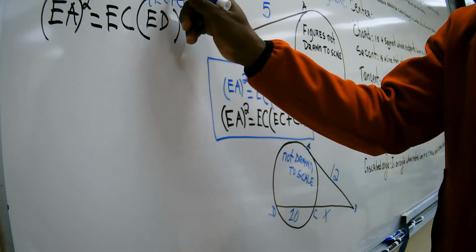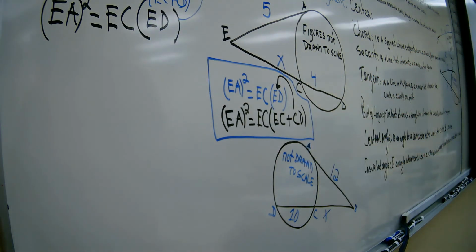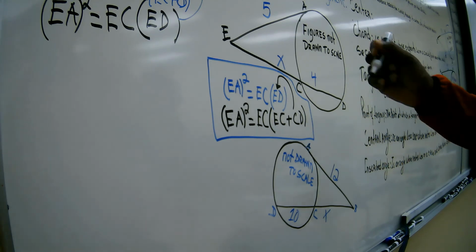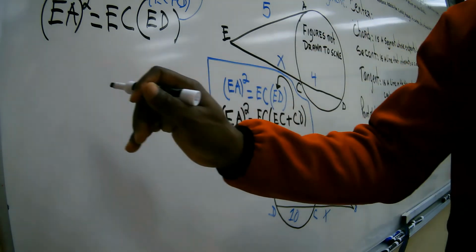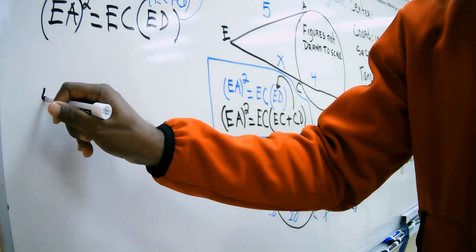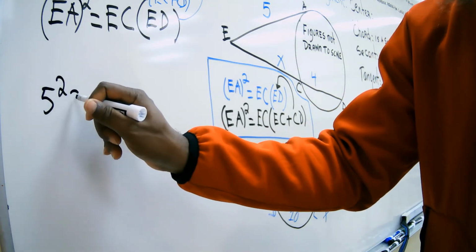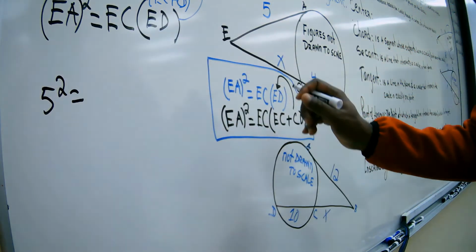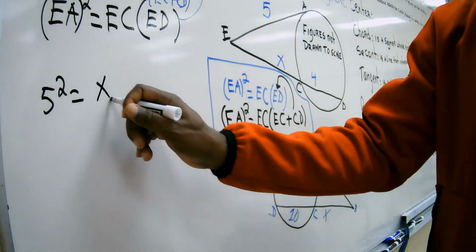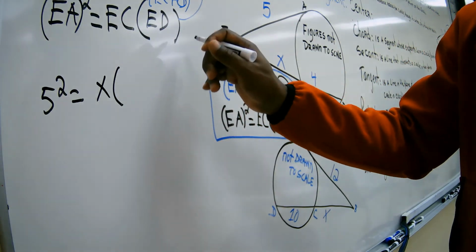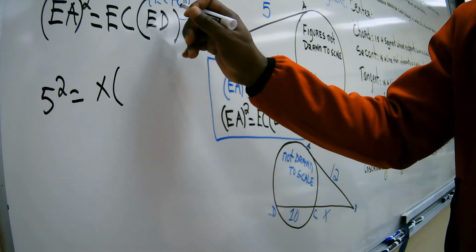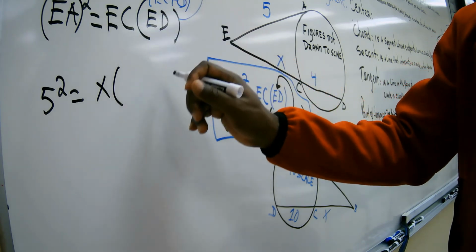So in this case, in order to solve this problem, your tangent is 5, so you're going to square 5. That will be 5 squared, which is equal to EC, in this case EC is x, times ED. Remember, ED is a segment addition. That will be EC plus CD.